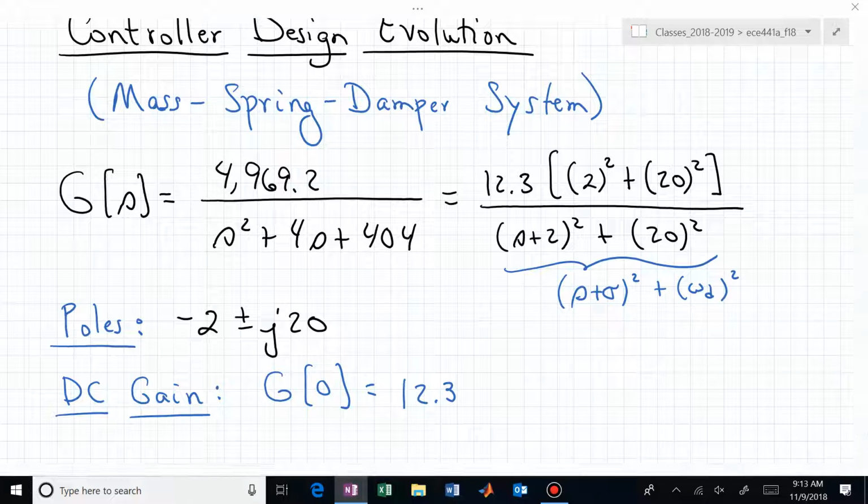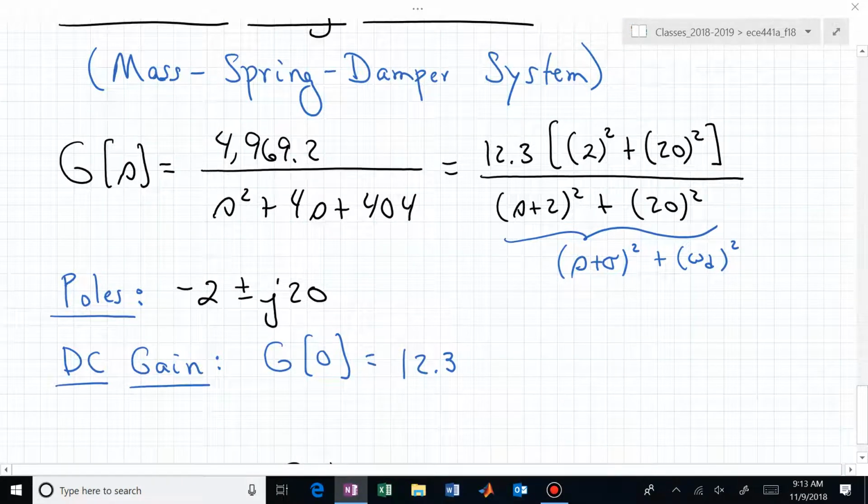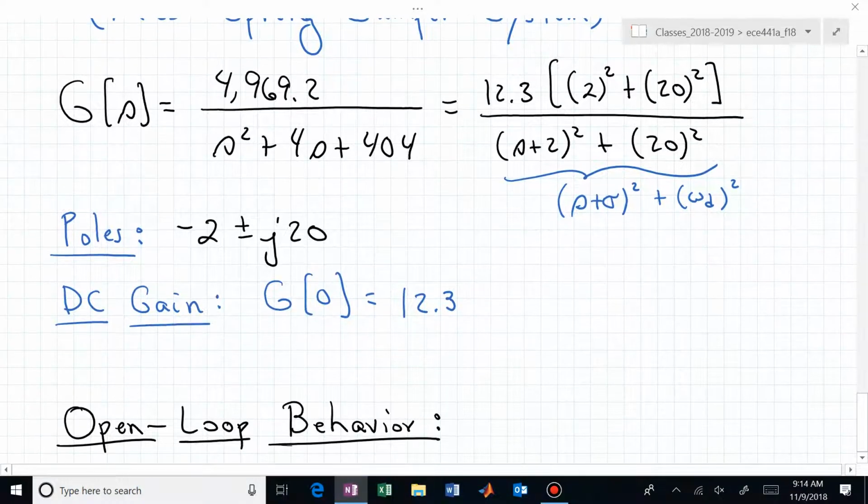So now you know where the poles are and what the DC gain is. So what does the DC gain tell you? If I put in a 1 to this system, where is it going to end up if it's stable? Is the system stable?